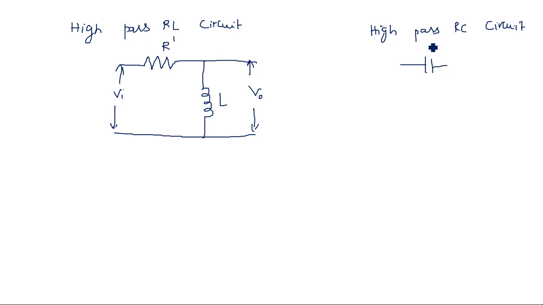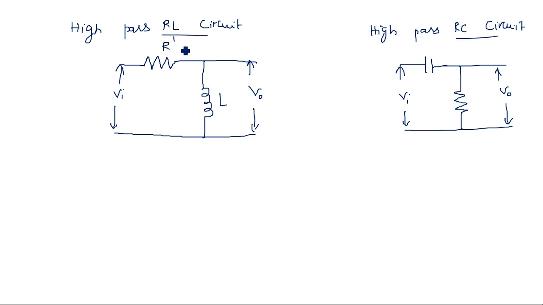The high pass RC circuit is nothing but CR, with C followed by R. This is the circuit for the high pass RC circuit. When we are taking the high pass RL circuit, the resistance must be followed by the inductor L. This is the high pass RL circuit.